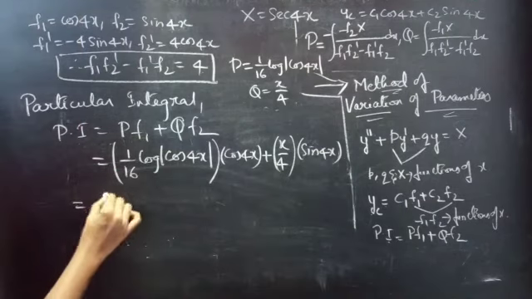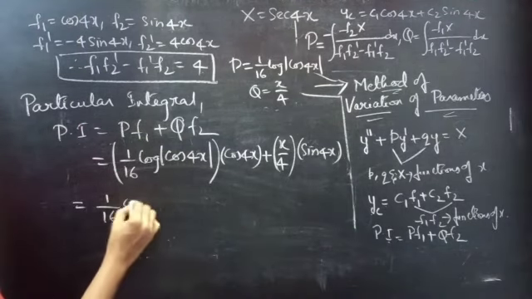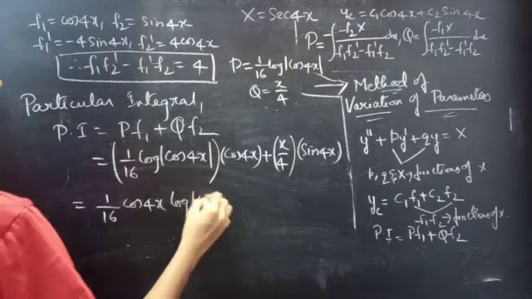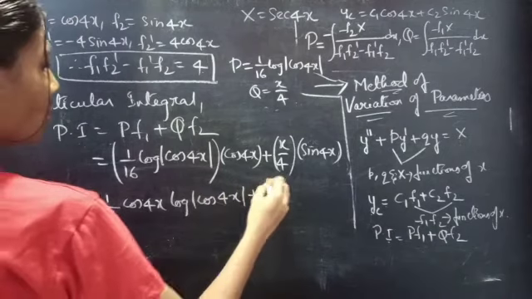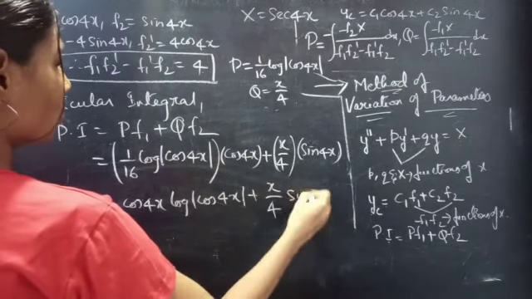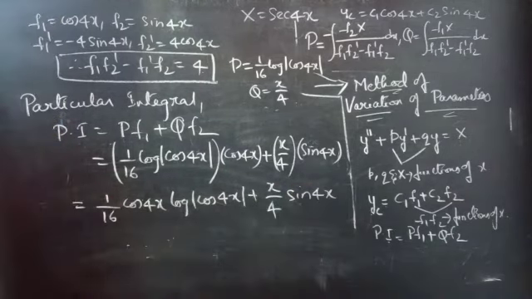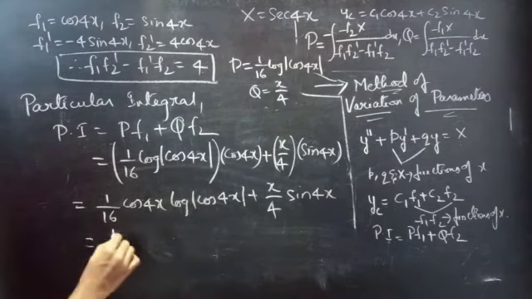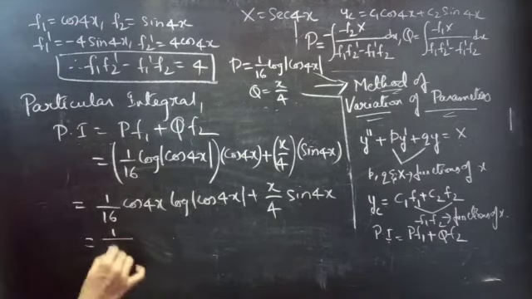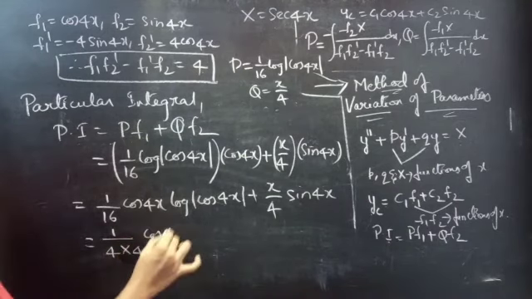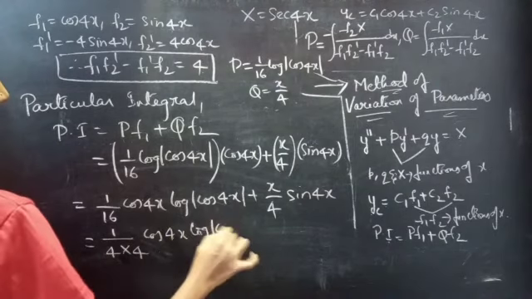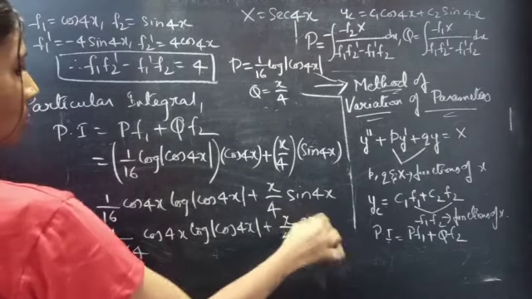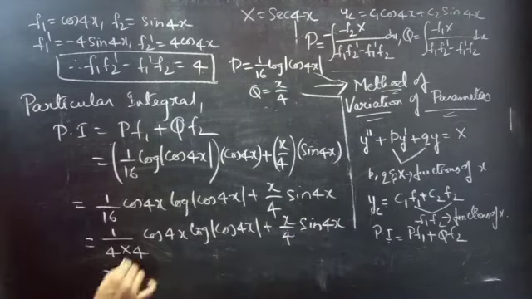This equals 1 by 16 cos 4x log mod cos 4x plus x by 4 sin 4x. We can take 1 by 4 common from these two terms. Firstly, let's split 16 as 4 into 4: cos 4x log mod cos 4x by 4 into 4, plus x by 4 sin 4x. Now let's take 1 by 4 common from the two terms.